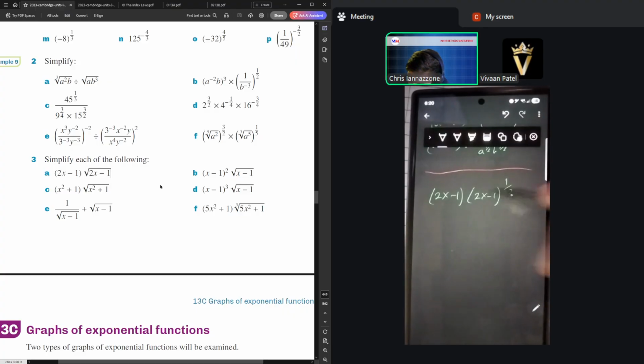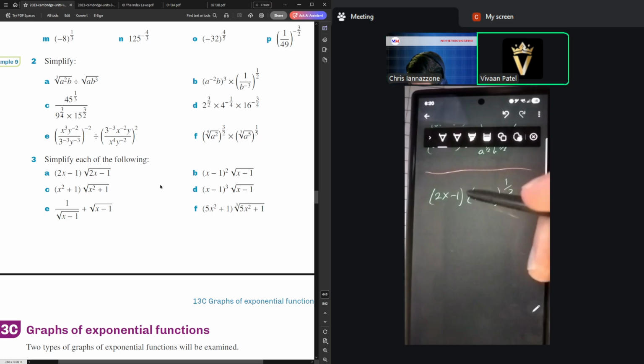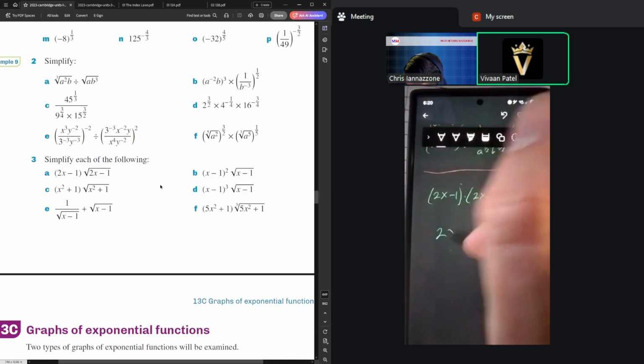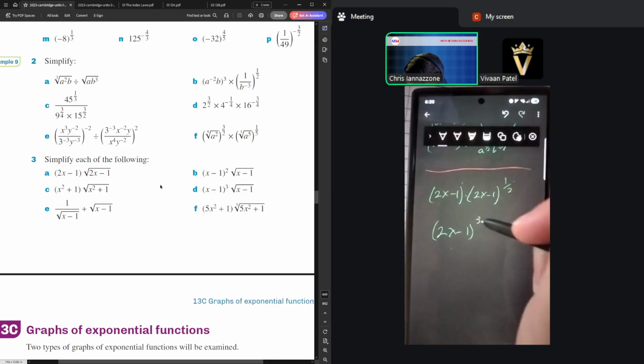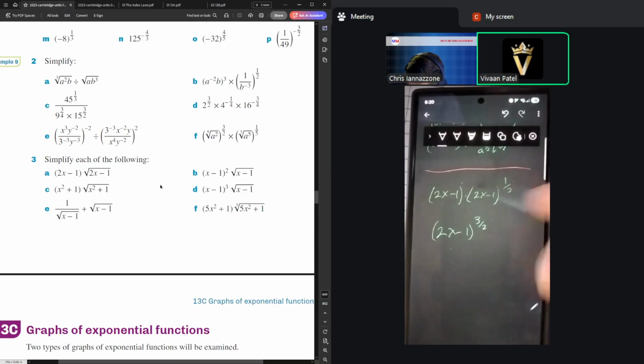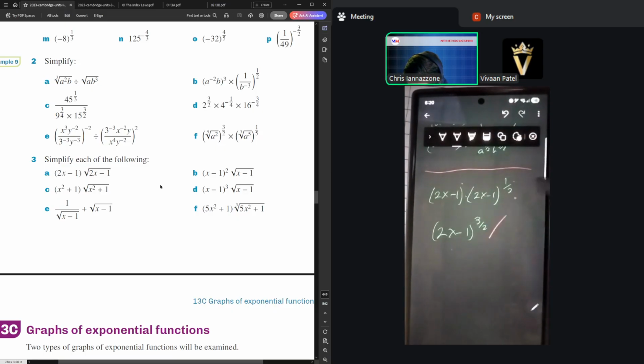Then from there, do you know how that simplifies? Times 2x minus 1. You just add the power of half and the power of 1. Absolutely. So 2x minus 1 to the power 3 over 2. Perfect. Crushed it.